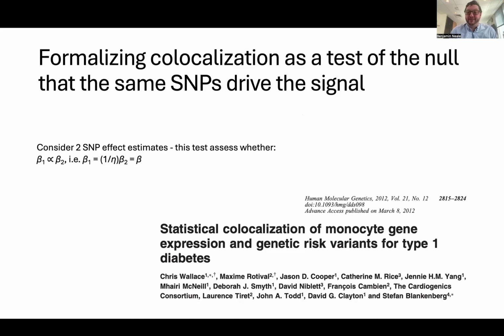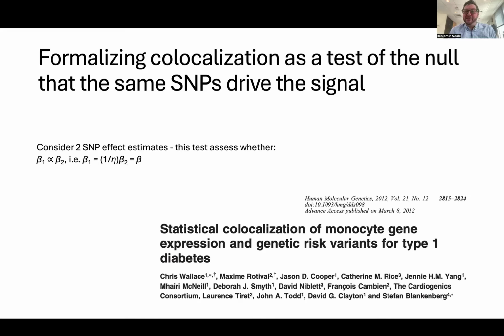So in this instance, the null is actually the same SNP driving the signal, which is maybe a little bit upside down and backwards to the way you might intuit conditioning a null, the null hypothesis being that it's not the same. But they did so because it simplified the calculations pretty substantially under the assumption of a single causal variant in the region. And so it actually provided a test.